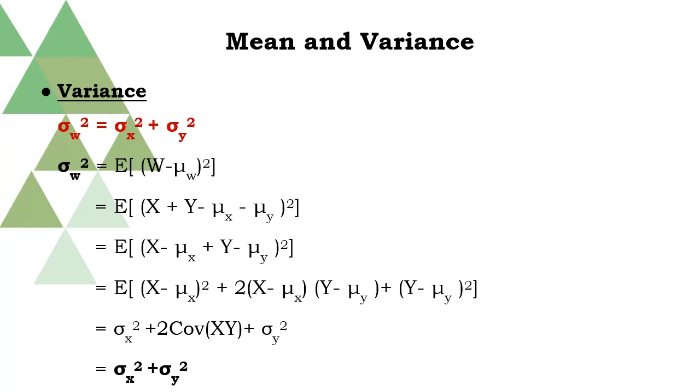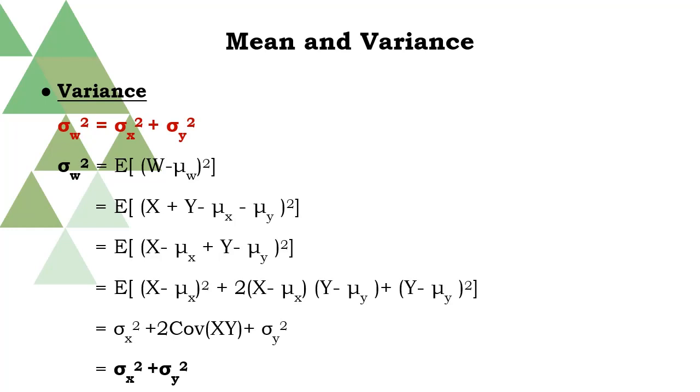In the next line, we substitute the value for W as well as the value for mu W. W is equal to X plus Y and mu W is equal to mu X plus mu Y. When you substitute, you get the expression: expected value of X plus Y minus mu X minus mu Y, the whole square.